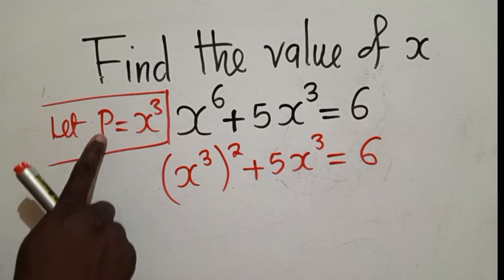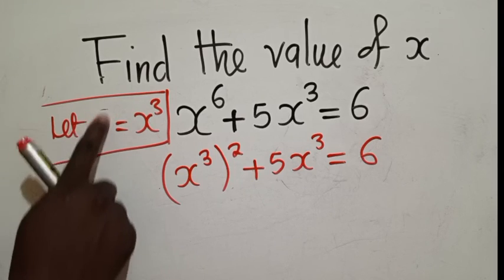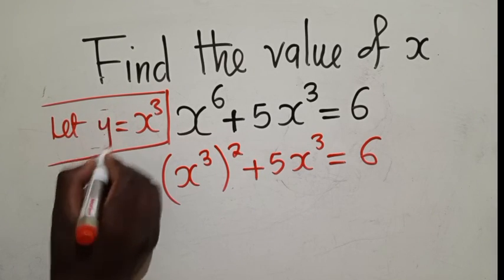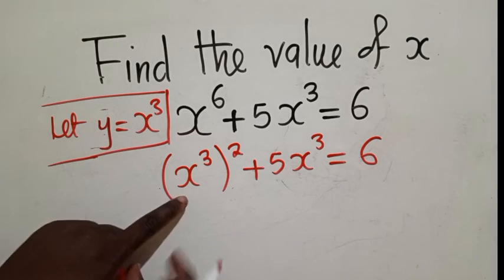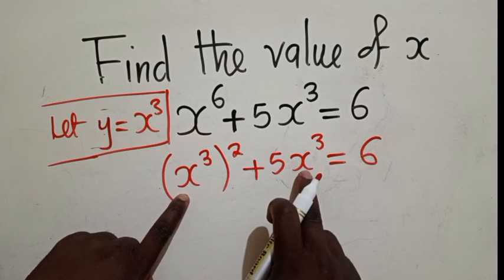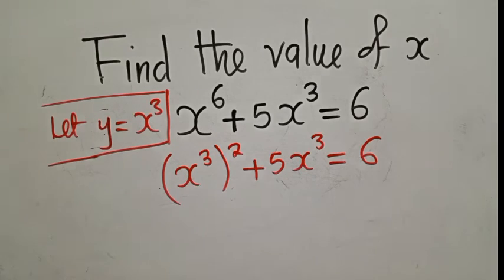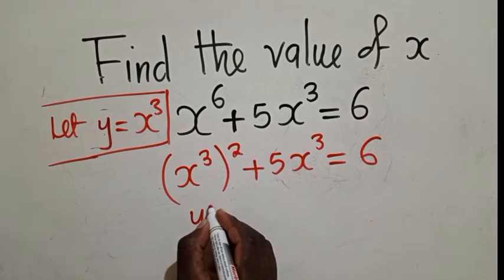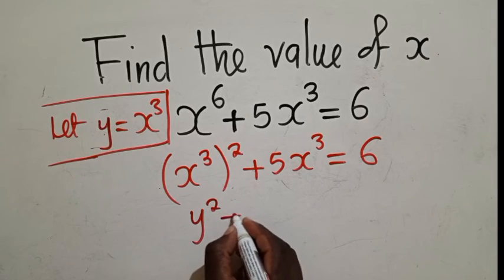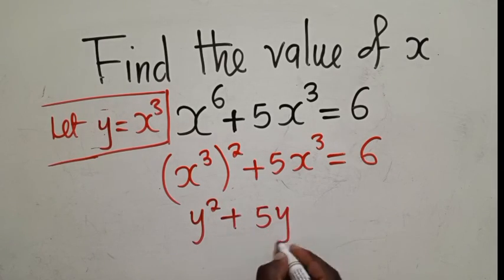If you want, you can say let y, which is commonly used. So I'll say let y be equal to x^3. So what is here and what is here will be y. Meaning we shall say y^2 + 5y = 6.